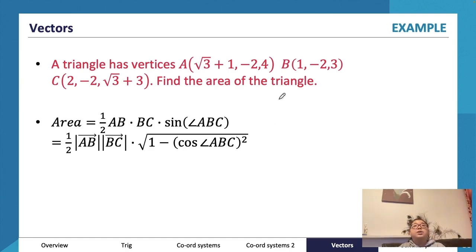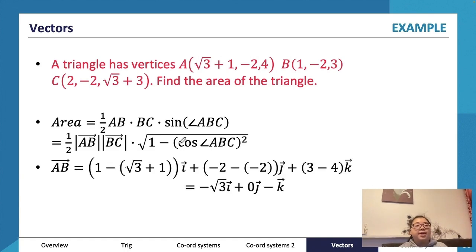Essentially what we can do is use this area equation that we found before, so we'll get a half, magnitude of AB times magnitude of BC times the square root of 1 minus cos squared of the angle. And why we want to use this angle is because it'll be the easiest one for us to find in terms of the actual angle component of it.